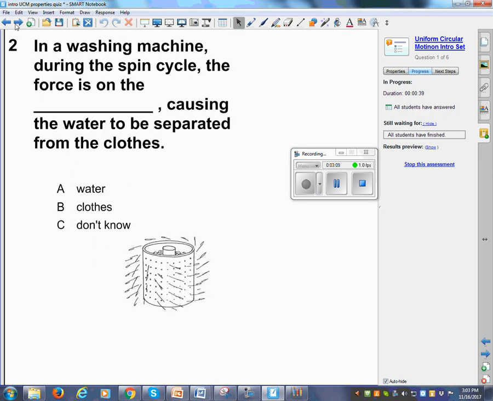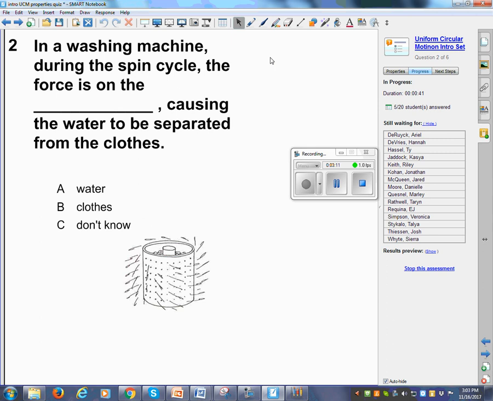In a washing machine, during the spin cycle, the force is on the what, causing the water to be separated from the clothes? The force is on the water, the force is on the clothes, or again, I don't know. If it was water, it wouldn't be very good sentence structure to say water again right after.